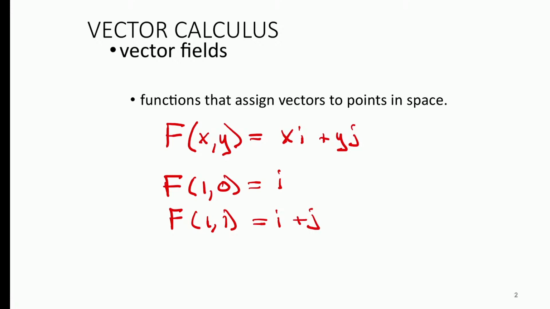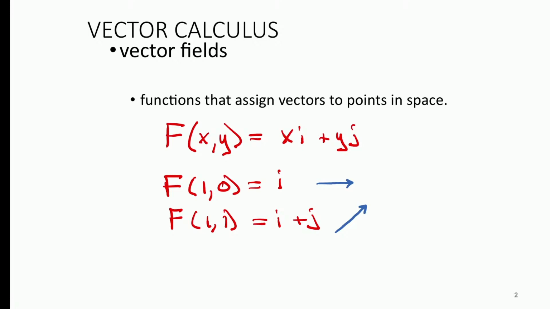So you know what these look like. For example, the vector i is that vector, right? It goes to the right. This vector i plus j, you know what that looks like. It looks like this, over 1, up 1. So every point in space has a vector associated with it.